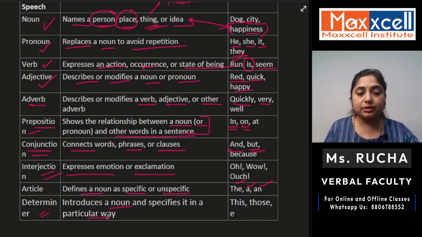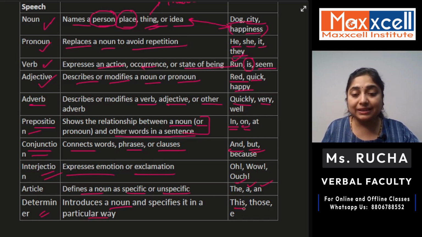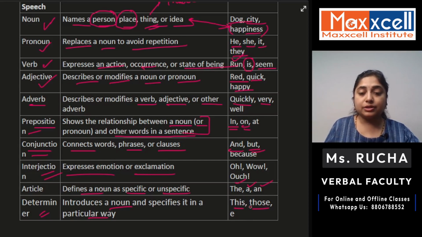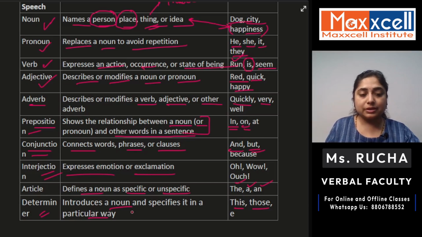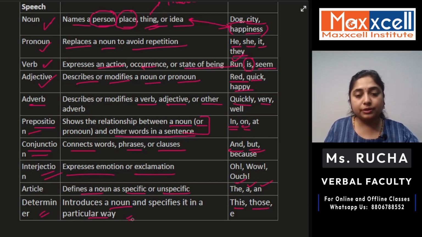What are determiners? The words like this and those. These words are basically pointing at a certain thing. It is introducing a noun. This is a place. Place is what? A noun. And this, the word in itself, is introducing the noun there. Alright? So, this is how you use determiners in the sentences.